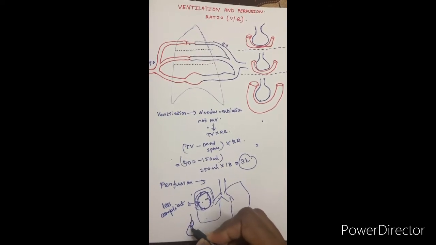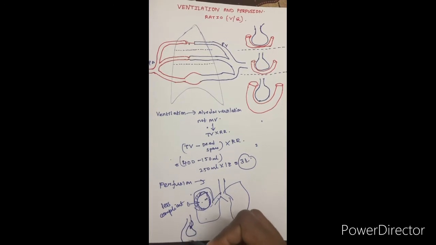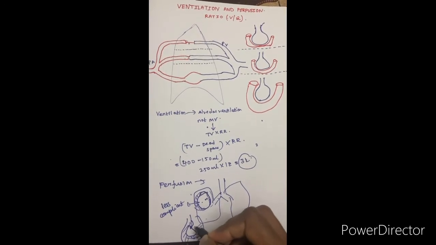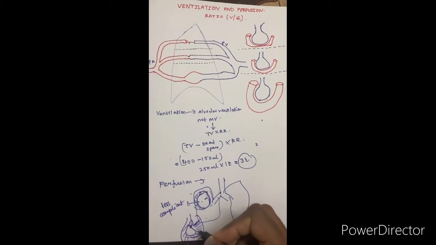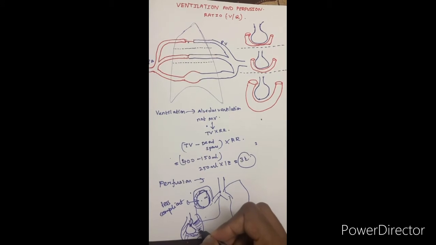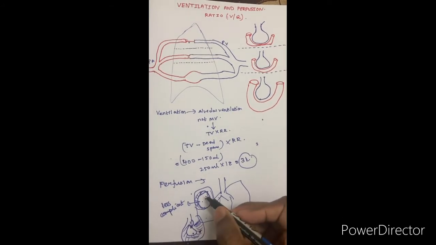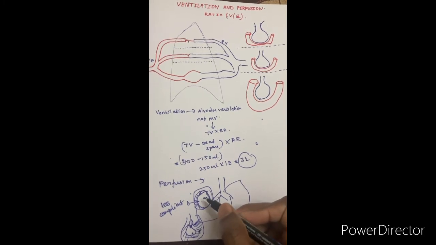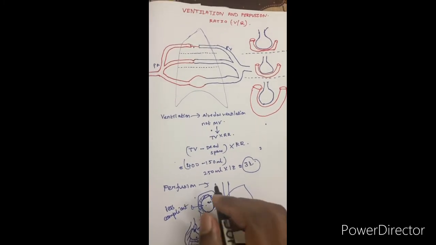When you push air into it, it will distend to the maximum of the space inside. So the alveoli are more compliant in the basal areas and small, whereas alveoli in the apex of the lungs are larger and less compliant. This part I want to mention.